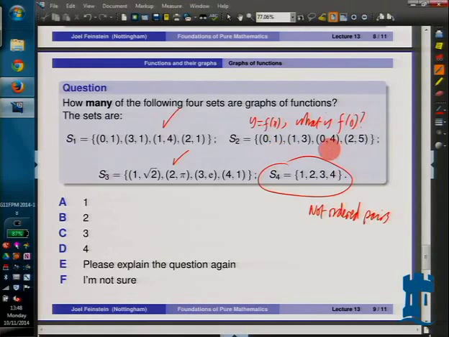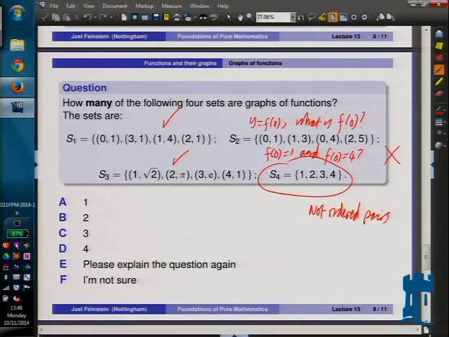But this pair 0, 4 tells you f of 0 should be 4. F of 0 can't be both 1 and 4, so this is not the graph of a function. F of 0 equals 1 and f of 0 equals 4? No. Okay, that's not allowed.